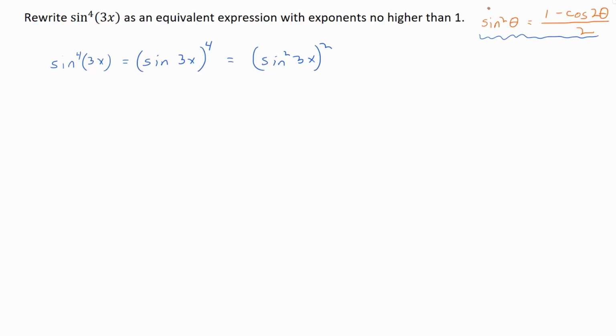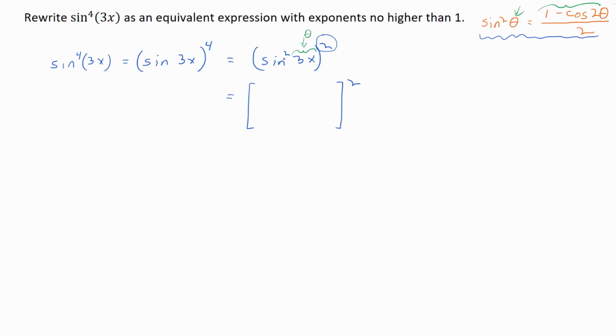And what's acting like theta in this case is 3x. That's your theta. So we're just going to plug in the right side of this formula using 3x for theta. So if we do that, working downwards, the whole thing on the outside has to be squared, so I'm going to change to brackets.